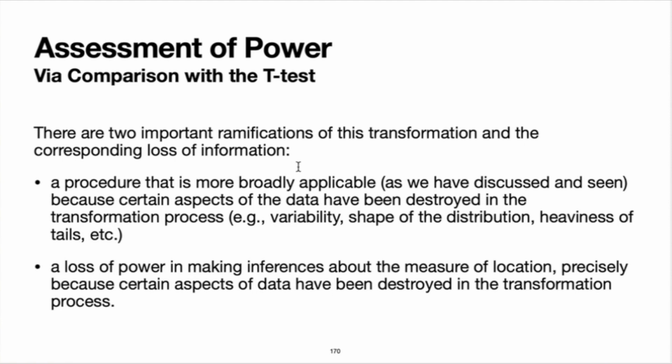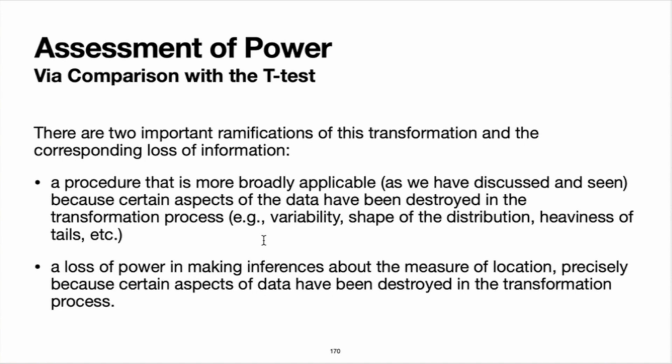When we do that transformation, we get a procedure that is more broadly applicable. Now, why is that? Because we have trimmed away or destroyed certain aspects of the data that were problematic, either in terms of shape or heaviness of tails or things like that. But by getting rid of that information, in those situations where that type of information would not have been problematic, so for example, if the data is normally distributed, or at least very close to being normally distributed, we're still getting rid of a lot of information.